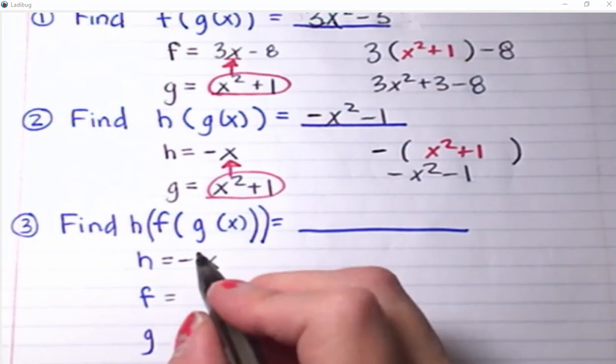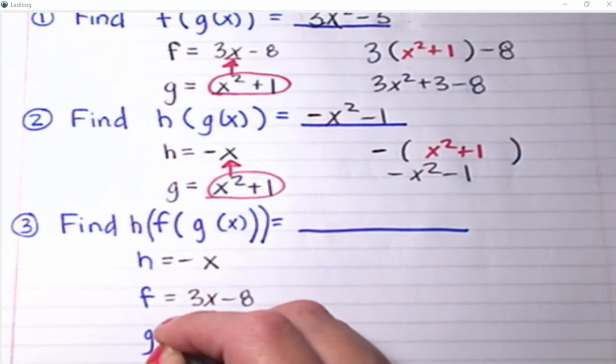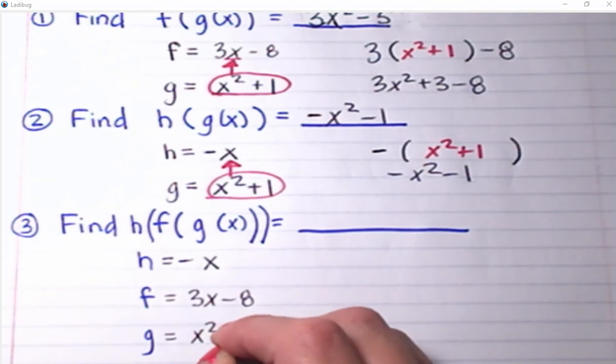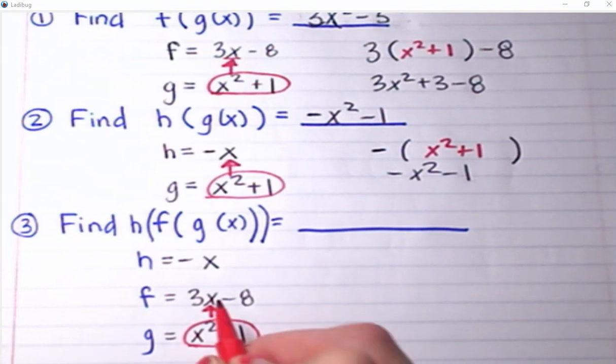Okay, f, g. Hey, look. Well, that first step looks kind of like what I just did. Another color.